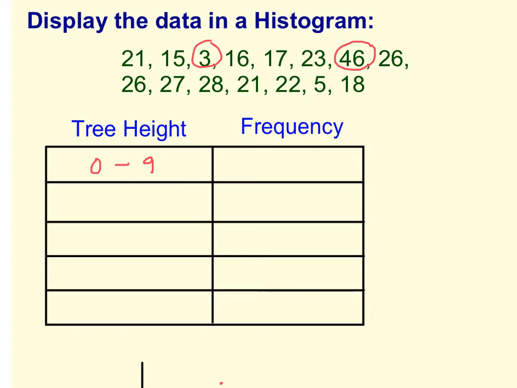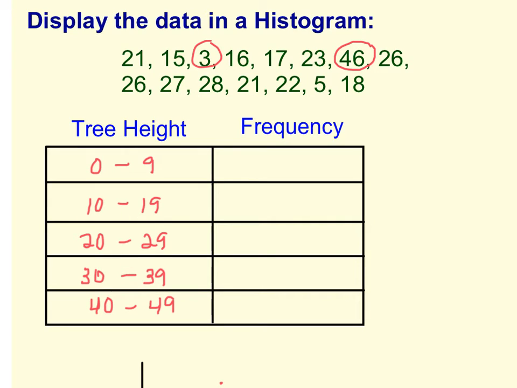I'm basically going to take equal intervals of this data. So 0 to 9, we can go 10 to 19, I'm going by tens, 20 to 29, 30 to 39, and then 40 to 49. And we want to know how many trees fall in each of these height ranges.